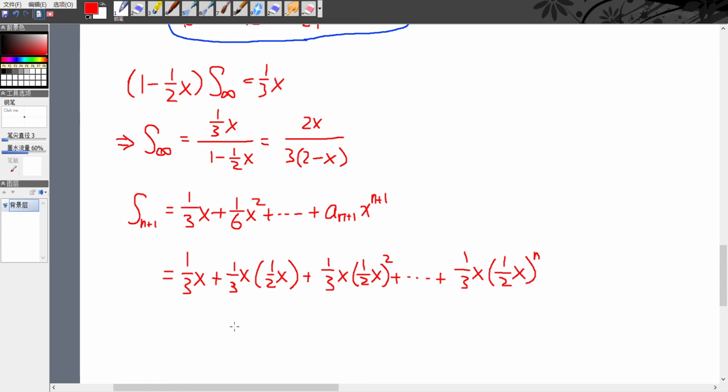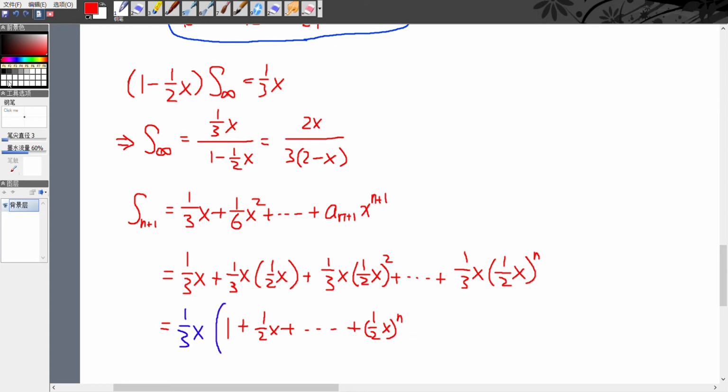And this is not very difficult. By extracting 1 over 3x in front of this series, we are left with 1 plus 1 over 2x plus dot dot dot all the way to 1 over 2x to the nth term.